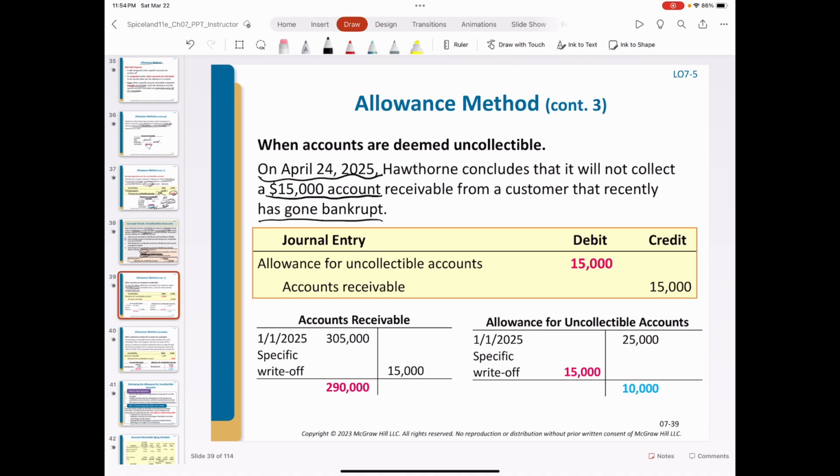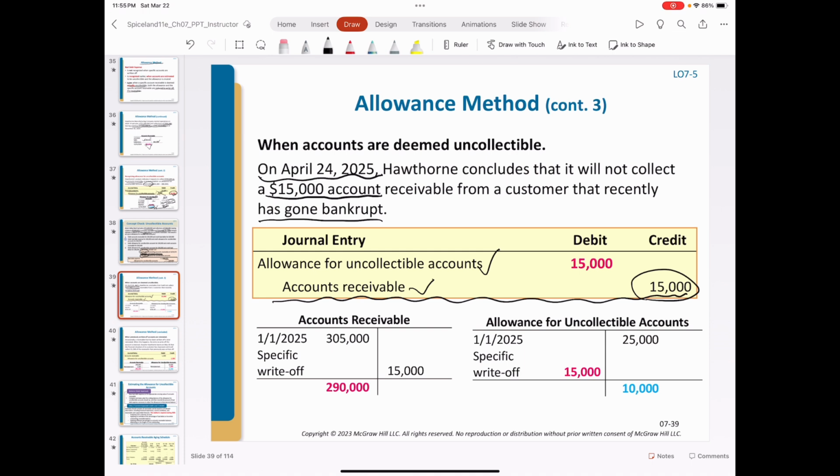Then we're going to debit allowance for doubtful accounts and credit accounts receivable. The purpose of this journal entry is to write off accounts receivable directly. The reason is $15,000 was not an estimate. It is based on the fact. This journal entry does not have an impact on expense. Instead, it just affects the contra asset accounts.